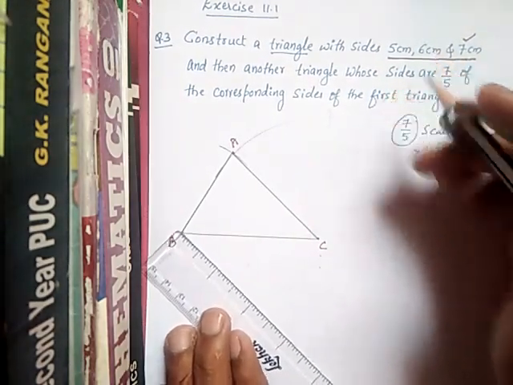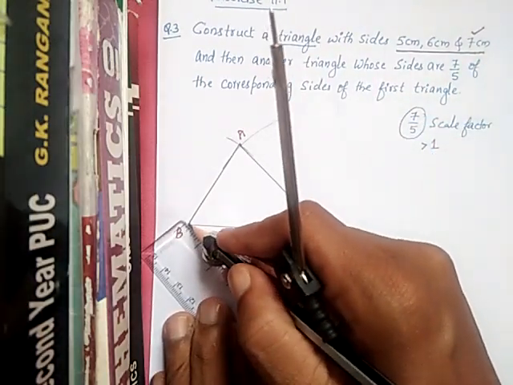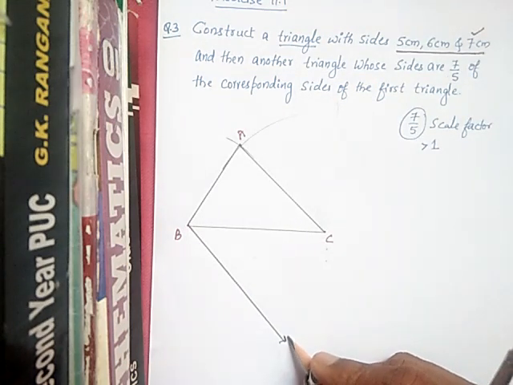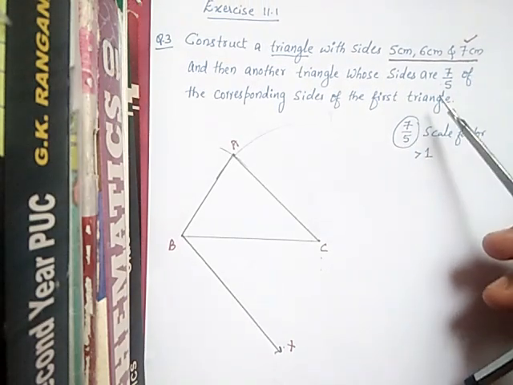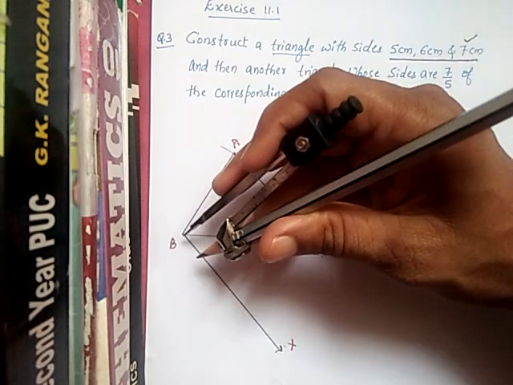Okay, no need to use a protractor and all, you can just draw a ray like this. Any ray, so that ray you can take as X, or X, Y, whatever you want. So now here 7 by 5, 7 is the highest, so 7 arcs you have to cut from here, all should be equal.